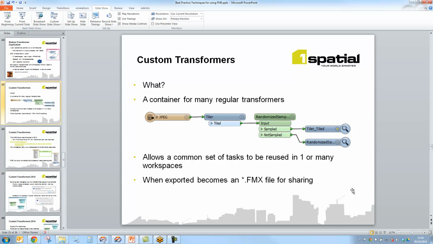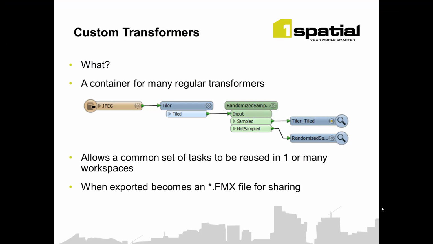Custom transformers then, as I've referred to them several times during this session, are really containers for regular transformers. What a custom transformer allows you to do is to take a complicated part of your workspace and make it look simpler to somebody who might want to use a portion of your processing, and it means that they don't necessarily have to understand the complexity behind that workflow and behind that custom transformer.